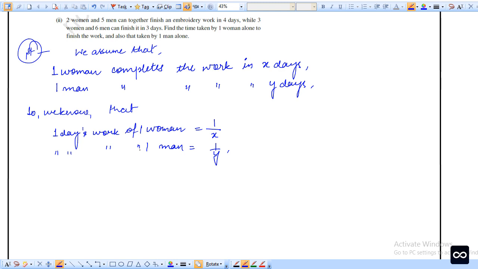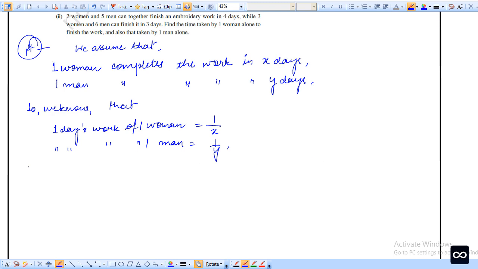We are clear up to here. Okay, so now we know this, we can move further and solve the part of the question. So what the question asks is, we have to find out the time taken by one woman to complete the same work and the same by one man also.